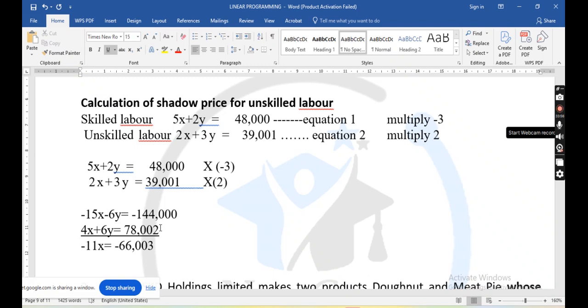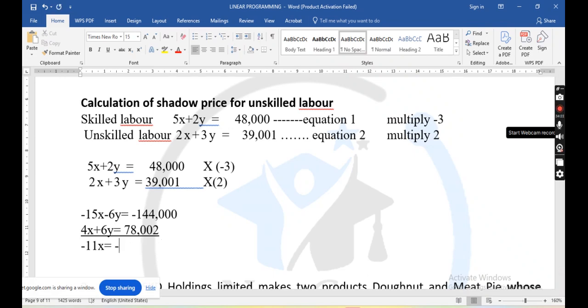78,002. Now, we already used minus 3. Minus 3 times 5 is minus 15. Minus 3 times 2, minus 6. Minus 3 times 48,000, minus 144,000. 2 times 3, 2 times 2, 4. 2 times 3s, 6s. 2 times 39,001, 78,002. Are we still together? So, minus 144, minus it.